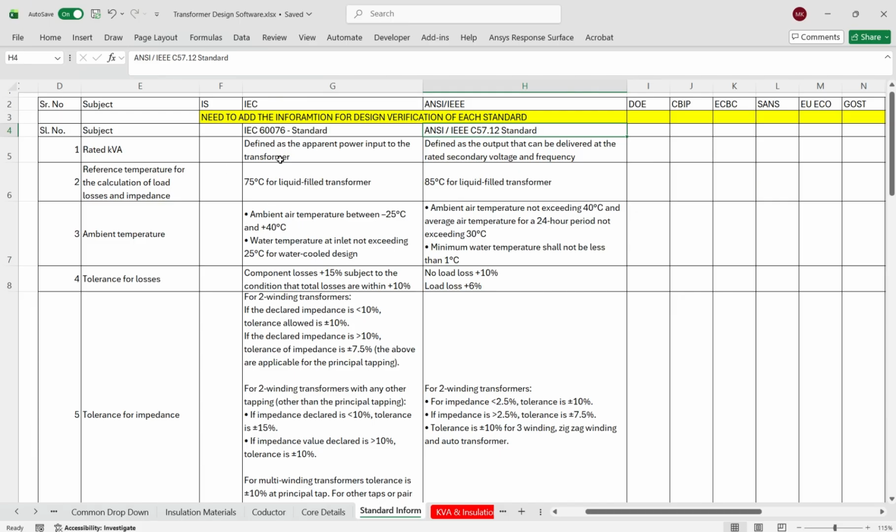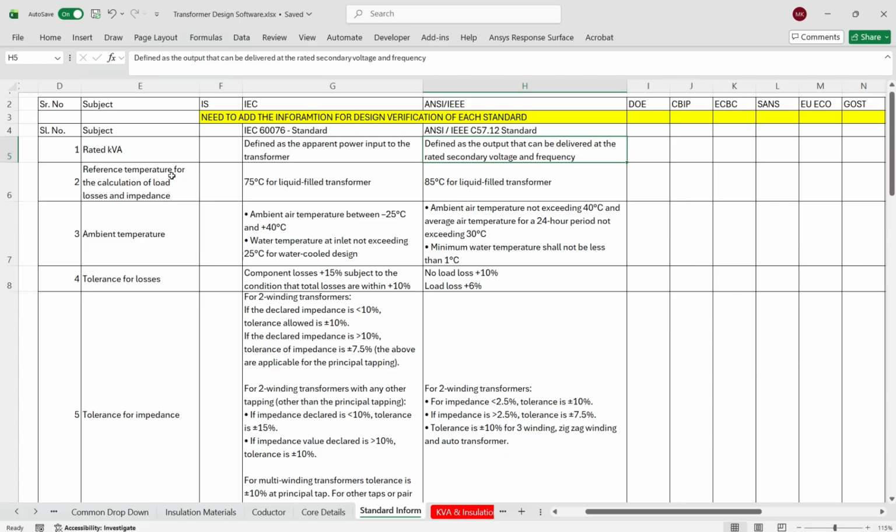For the KVA rating, especially regarding the power input to the transformer, it is defined by the KVA. But for the ANSI, this depends on the output that can be delivered at the rated secondary voltage and the frequency. So IEC is based on input power, IEEE depends on the secondary voltage and the frequency.